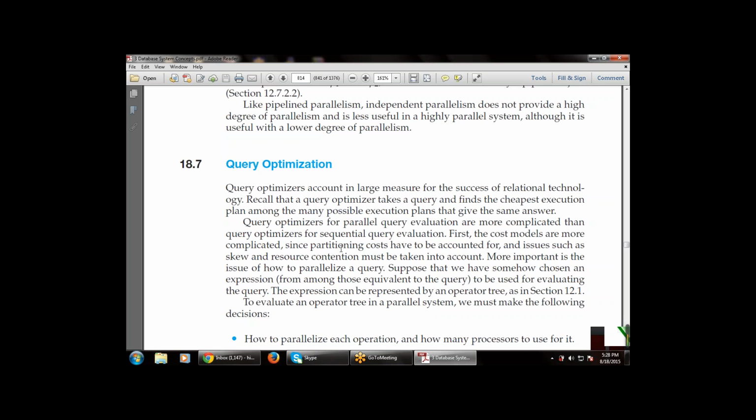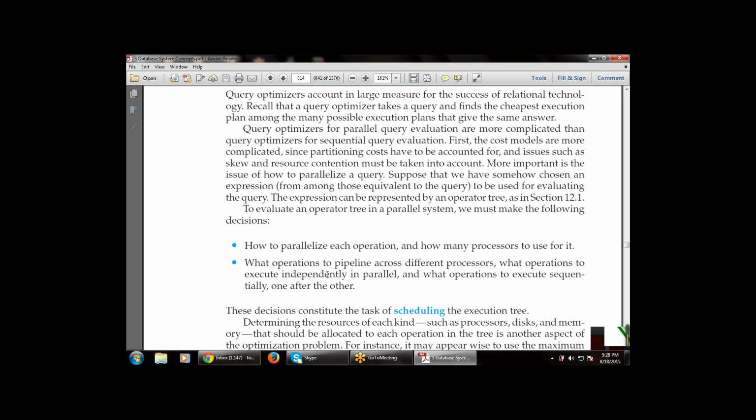The next decision is which operations to pipeline across different processors.